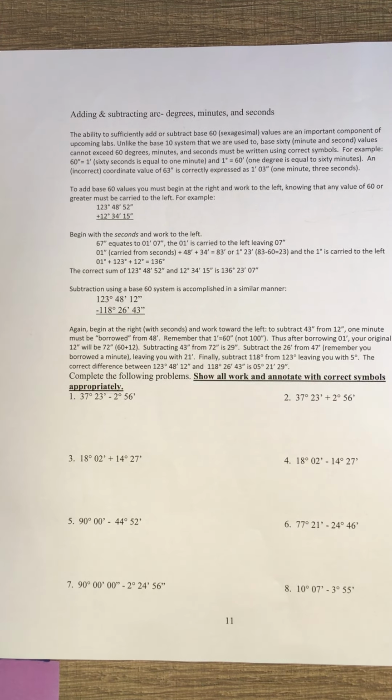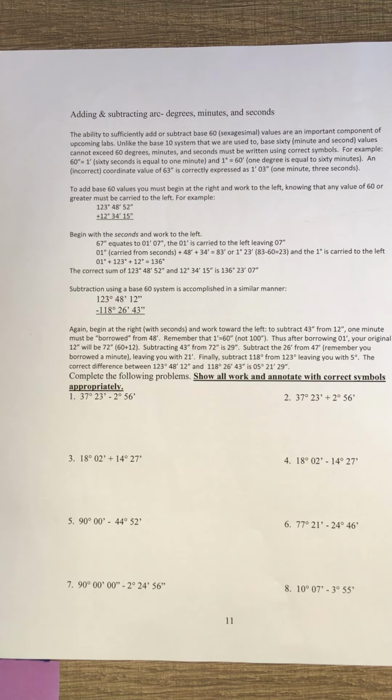When we reach a 60 in the minutes or seconds, that's when we add or borrow or subtract from the larger portion to the side. So for example, let's start with the right side. If we go 23 minus 56, we can't do that. We need to make this number larger. So we would need to borrow a degree from this 37 here.